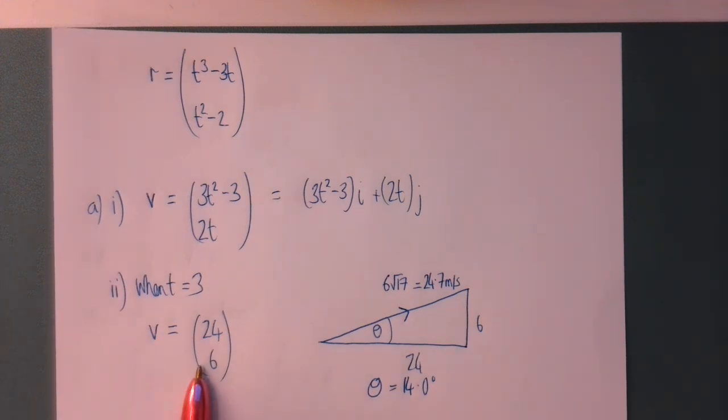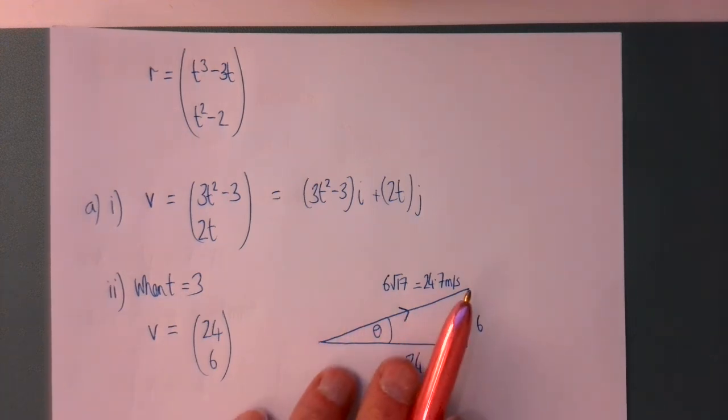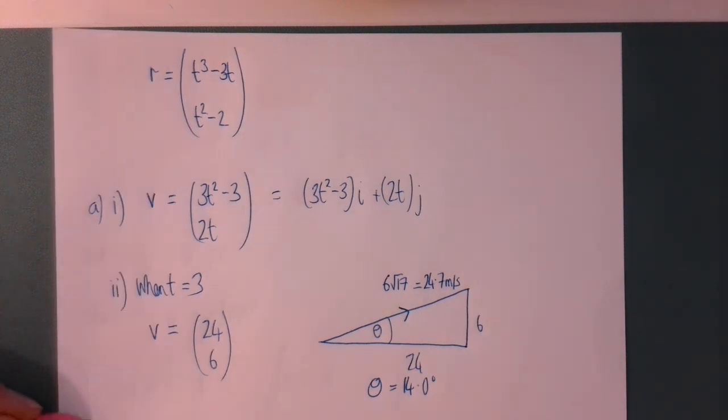So this is the velocity, which is described in terms of the separate horizontal and vertical components. And here we've got the speed, which is 24.7 meters per second at an angle of 14.0 degrees to the horizontal.